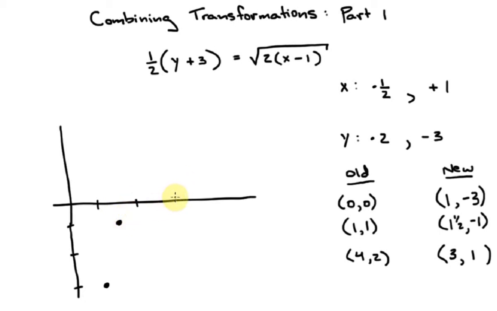And then we have (3, 1), we're up 1, so something like that. So here's what has happened. Remember, this was our starting point. This is the new (0, 0). And it's still a square root graph, so it still has that basic sort of curve structure to it, but there's my graph.